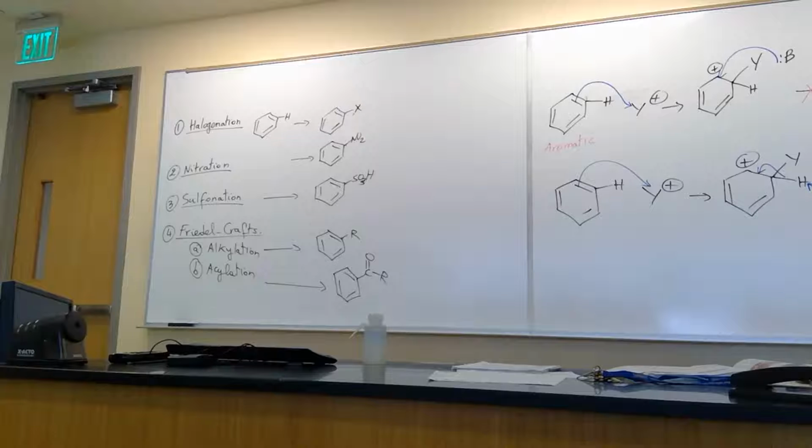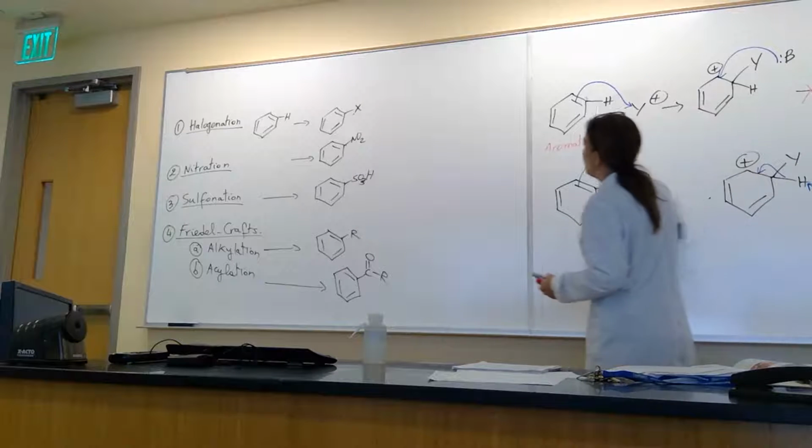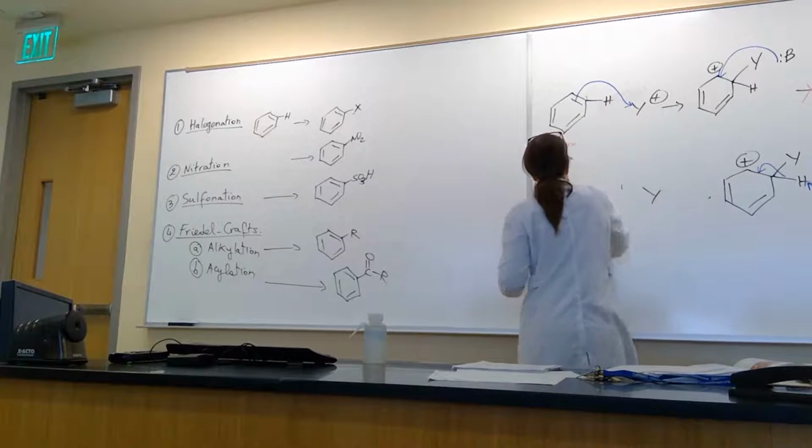How are they different? In other words, what are the limitations of some? What are the exceptions? Why do we need, let's say, alkylation, acylation? What is the purpose? Okay? So let's start with halogenation.